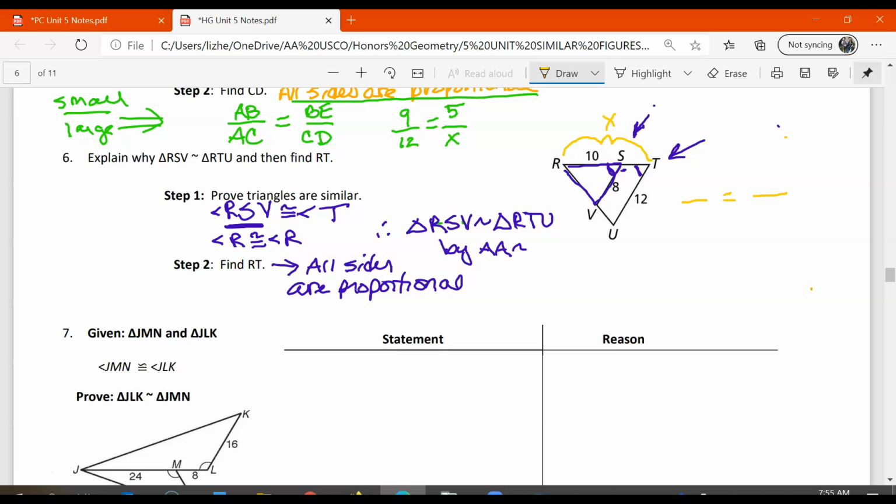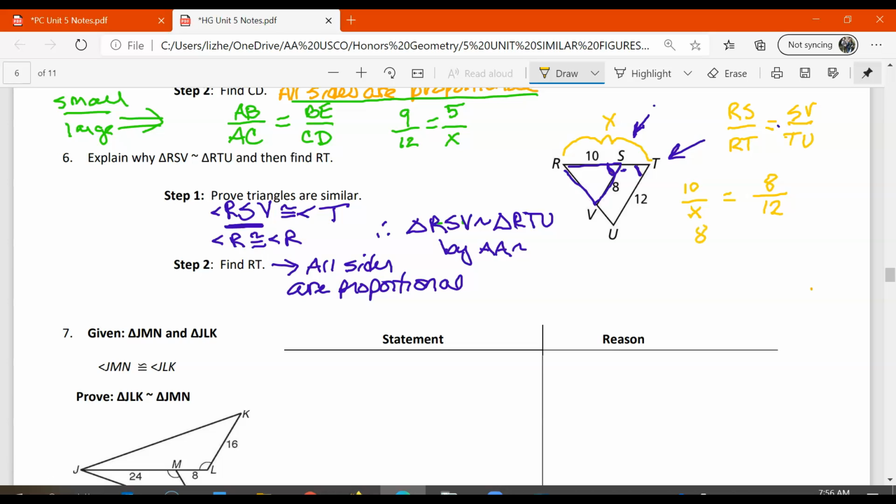So I'll do the small triangle side, RS, which is 10, goes with the large triangle side, X, the same way as the small triangle side, 8, goes with the large triangle side, 12. There's my proportion. I could write it out in letters. I could say RS is to RT as SV is to TU. There it is in letters. There it is with the numbers.